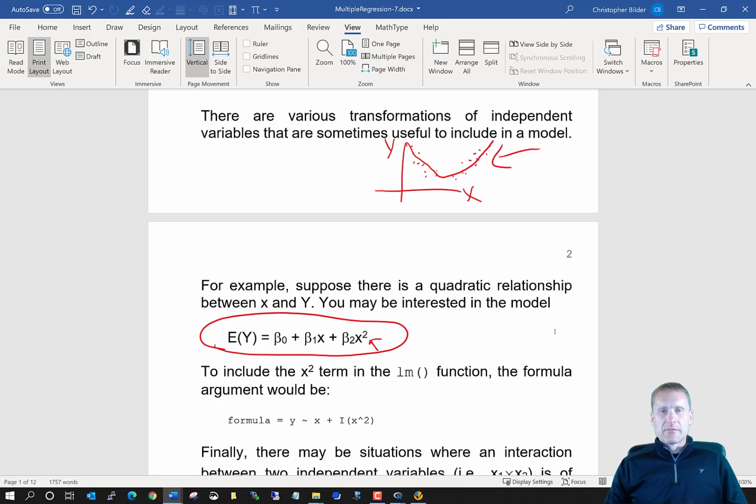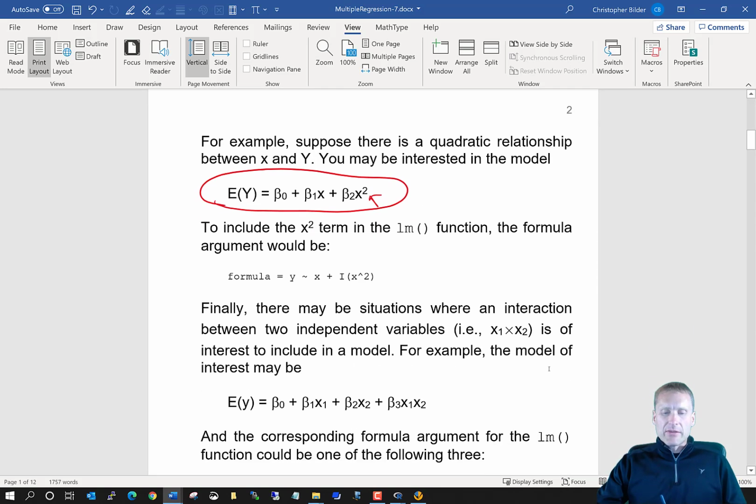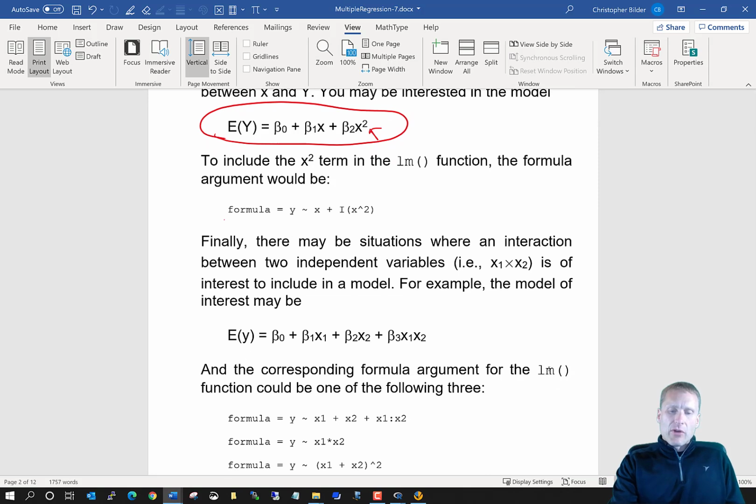How can we tell R that we want to look at a model with x squared in it? Well, it's very simple. Here's our formula argument in lm again, y tilde x, and then we have another term, let's say, to our model. So we put plus in there for and. And then, as you might expect, we use x caret 2. But we also need to enclose all that within the I function.